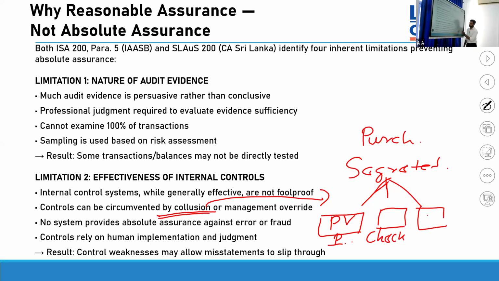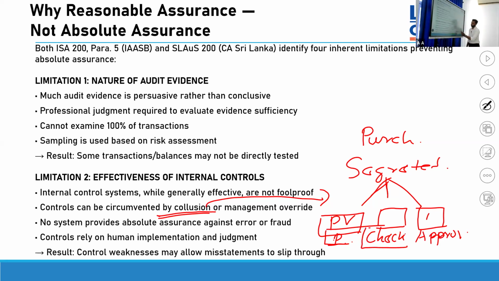Finally, must get the approval from the higher official. This is the normal control they have in order to make a payment, right? So there should be a preparer.